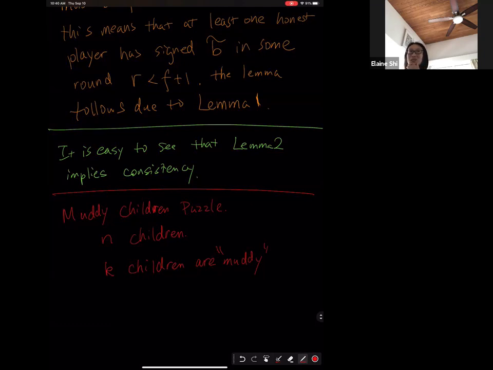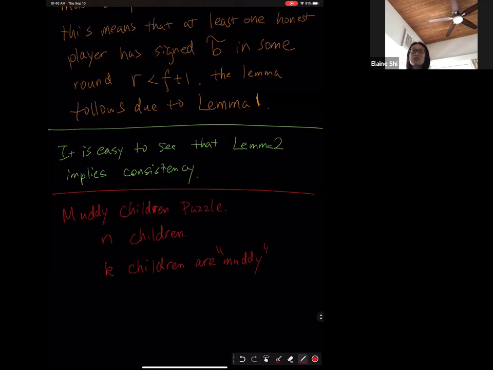Is the puzzle clear? Should I repeat it? If it's not clear, you can shout out loud. Do the kids communicate with each other, like saying I see mud on your forehead? No, no communication. Everyone remains silent. You can see whether other kids have mud on their forehead. You cannot see your own.